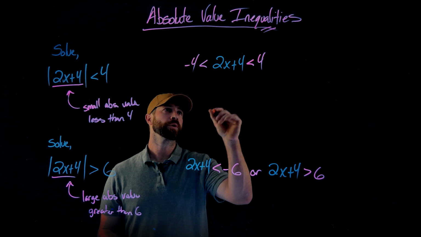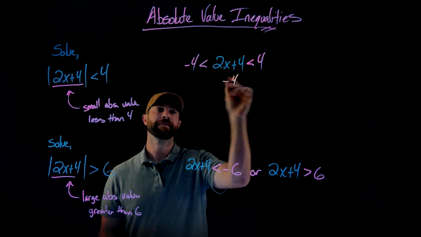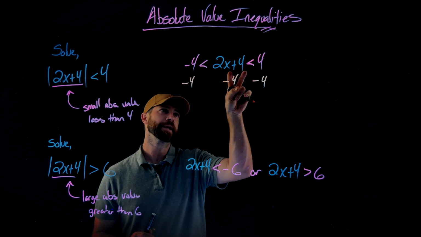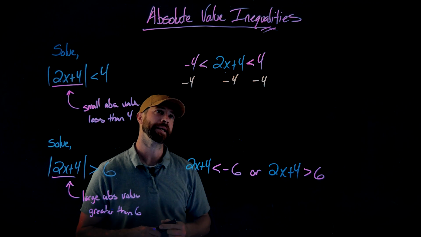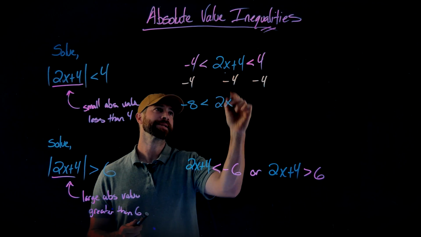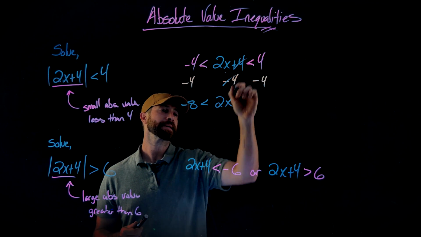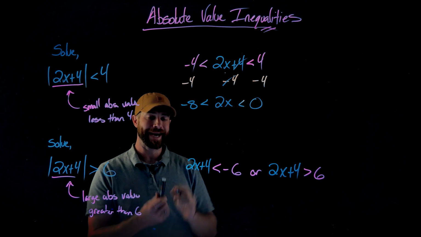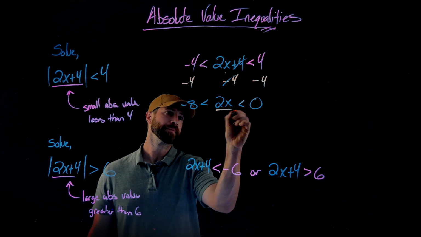To solve this compound inequality, what I'm going to do is subtract 4 from all 3 parts of this inequality. I'm subtracting 4 because my goal is to isolate this x right here. What I'll get is negative 8 is less than 2x, now that 4 cancels with that, is less than 4 minus 4, which is 0. Divide everything by 2.